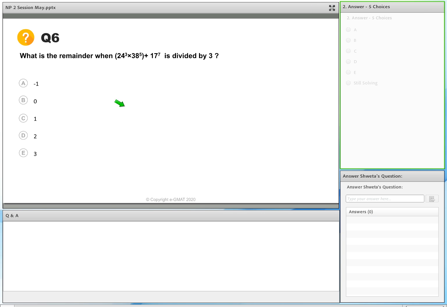So let's see. What is the remainder when this expression is divided by 3? If you took the learnings from a previous question seriously, then you would understand that this first expression here is again always going to be divisible by 3 for the simple reason that you have 24 in it.